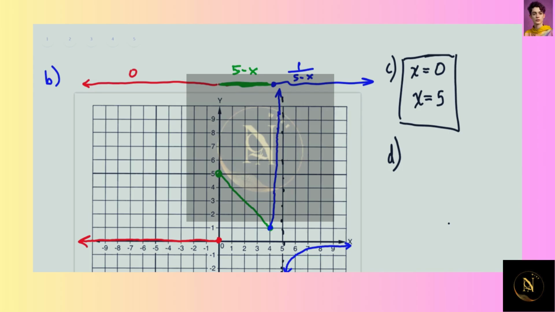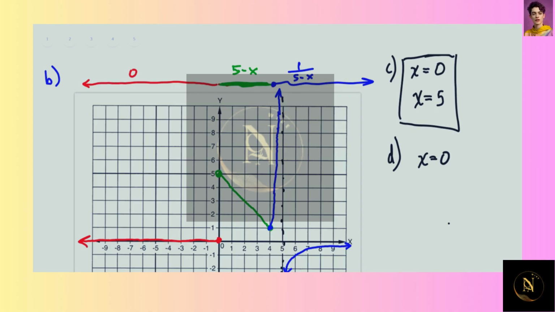Certainly, a function is not differentiable if it's not even continuous, so x equals 0 must be a place in the domain where the function is not differentiable. This entire part here between 0 and 4 is differentiable. We can even see the derivative is -1.